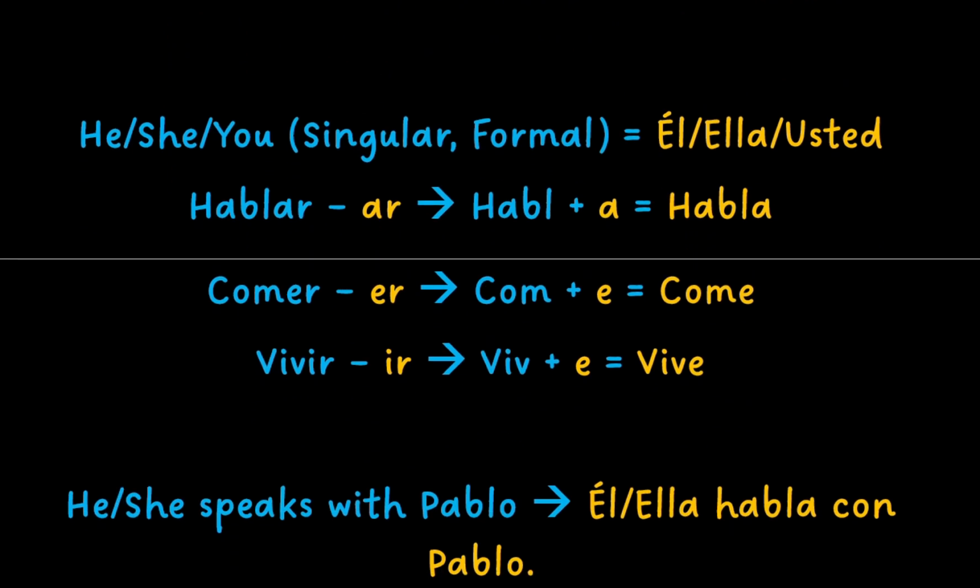He in Spanish is él, she is ella, and you when talking to one person formally is usted. To conjugate these forms, we drop the endings, and we add a for hablar, and e for comer and vivir. So hablar becomes habla, comer becomes come, and vivir becomes vive.